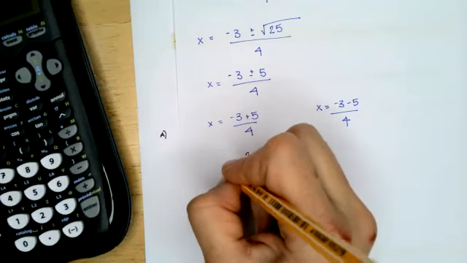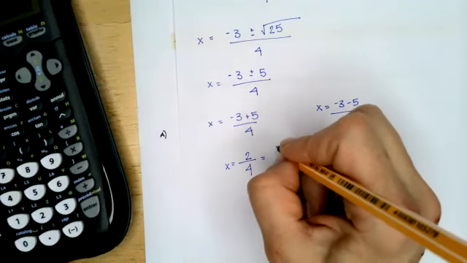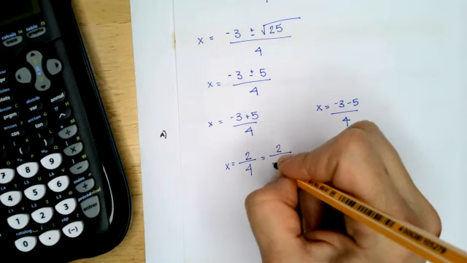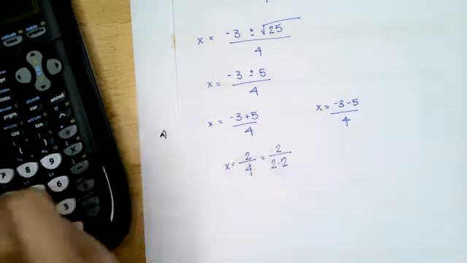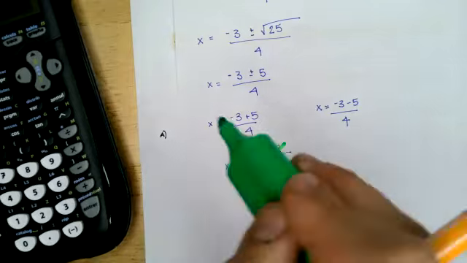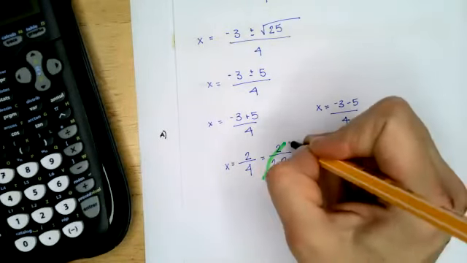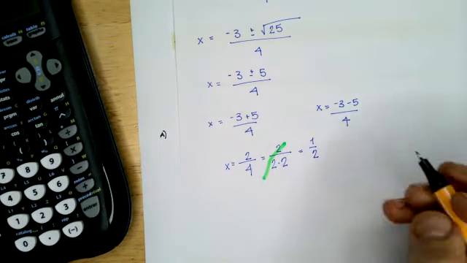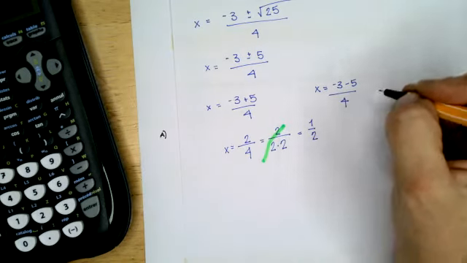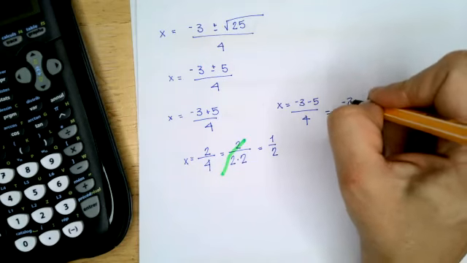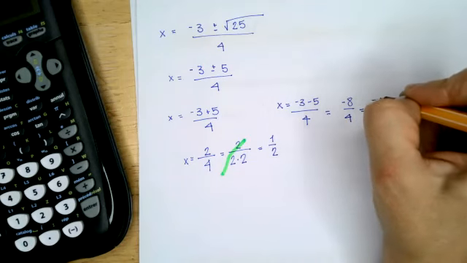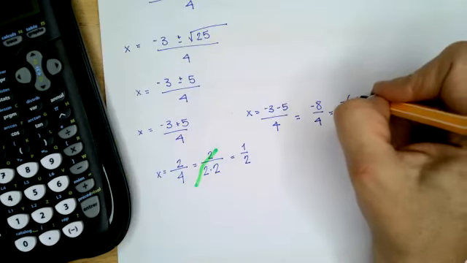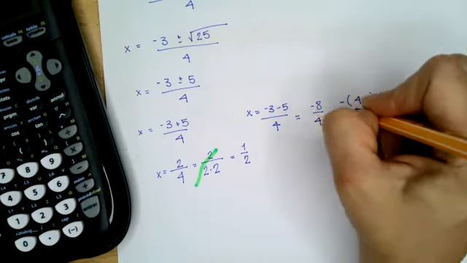2 over 4. Again, put it into the prime factorization. 4 is 2 times 2. Don't say it's 0 over 2. Say it's 1 over 2, right? And then here we have -8 over 4. The factorization of 8 is -4 times 2.